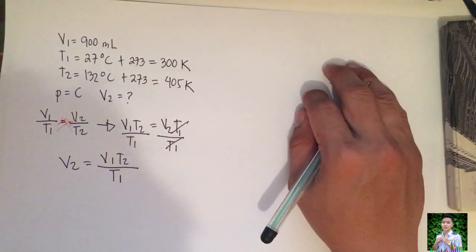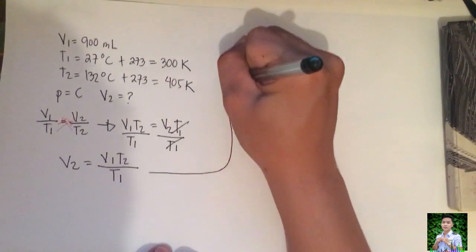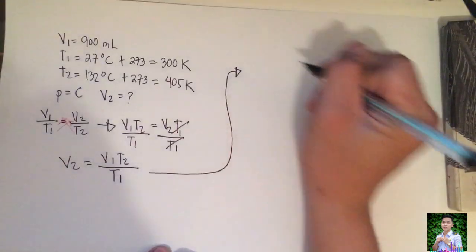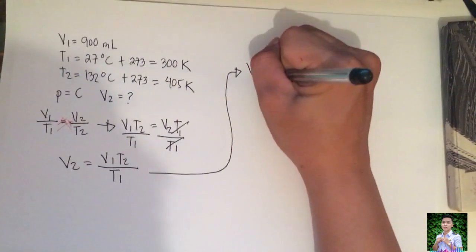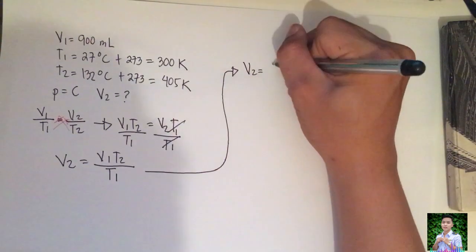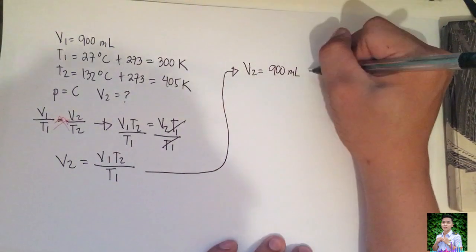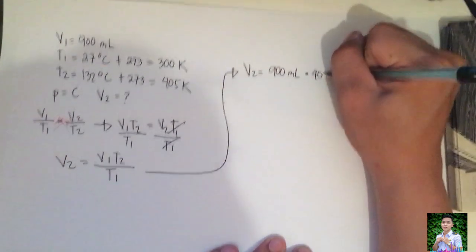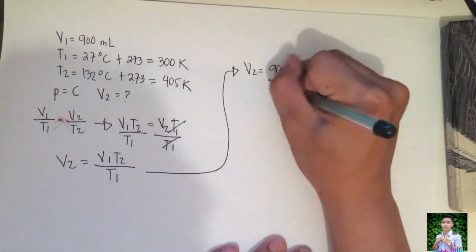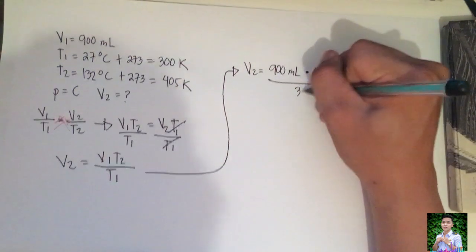Now, let us substitute the given data. So V2 is equal to 900 ml times T2, which is 405 Kelvin, over T1, which is 300 Kelvin.